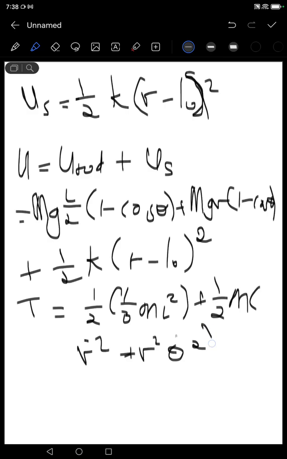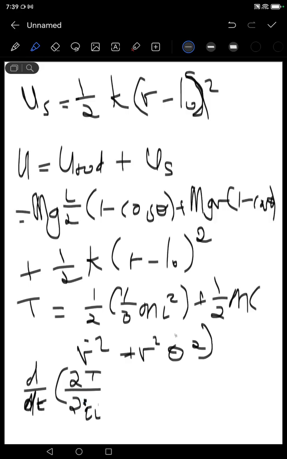Okay, and now remember, they say we have to determine the nonlinear equation using the Lagrange equation. So on our Lagrange equation, remember, we have d over dt of the partial derivative with respect to time. Here we're going to use theta and r.